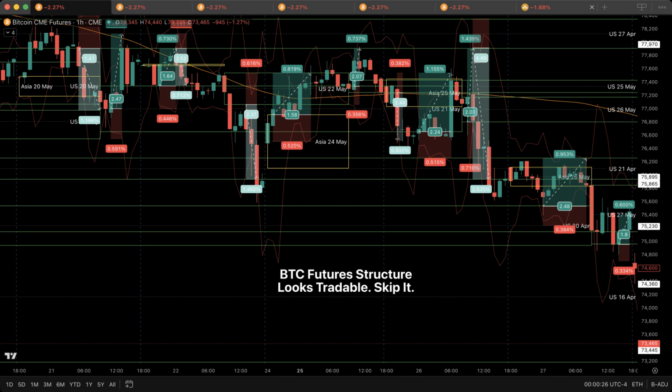Now, trailing does not matter if the trade should not start. That is important. Many traders want to solve a weak entry with clever management. But management cannot fix a bad trade selection. If the entry is weak, the trail cannot save it. If the stop is too deep, partial profit cannot fix it.